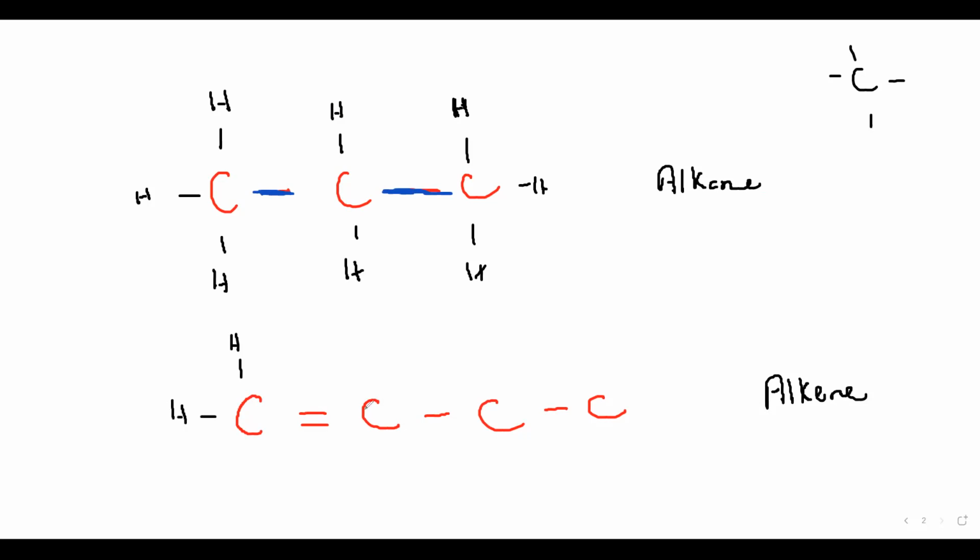Next to that, the carbon is having three bonds, 1, 2, and 3. How many hydrogen can it adjust? It can adjust only one. Next to that, two bonds are there for this. How many hydrogen can this adjust? Two.